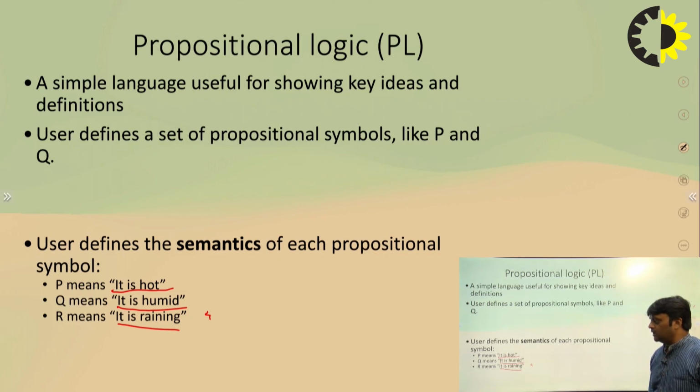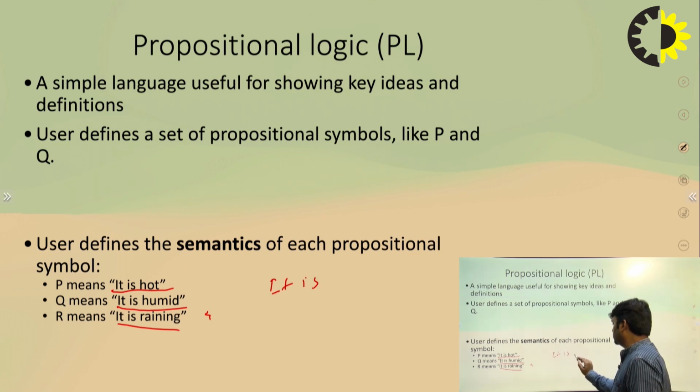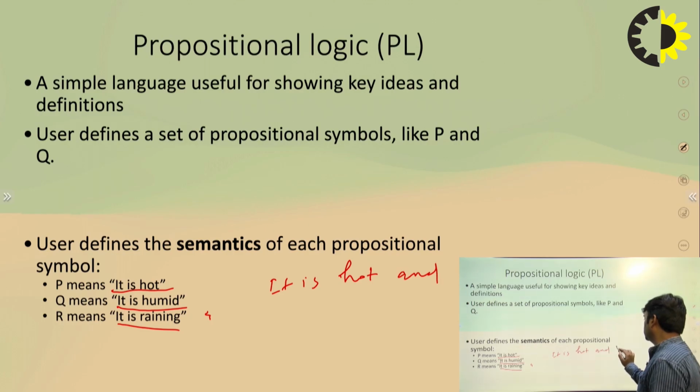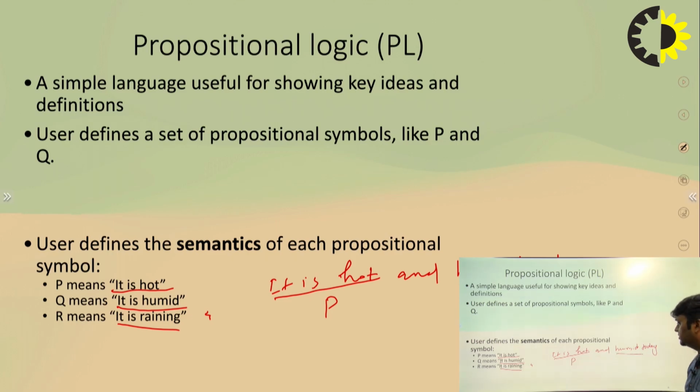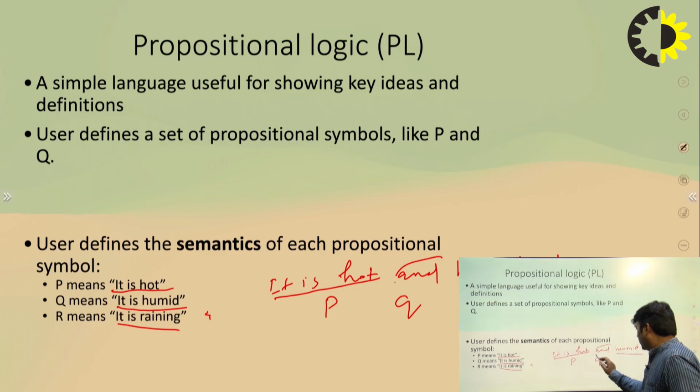If I say it is hot and humid today, we represent it with propositional logic symbols. So we can write P for it is hot, and Q for it is humid, and for "and" we use the and symbol.